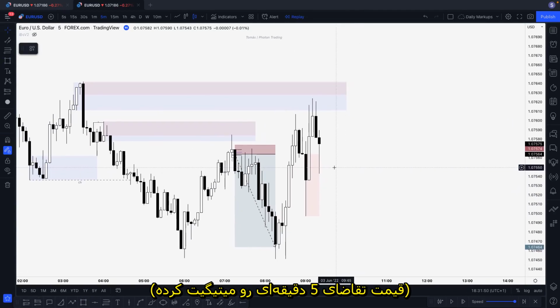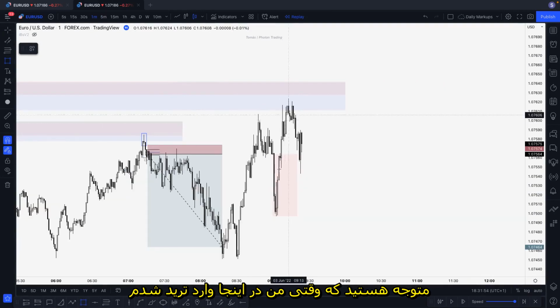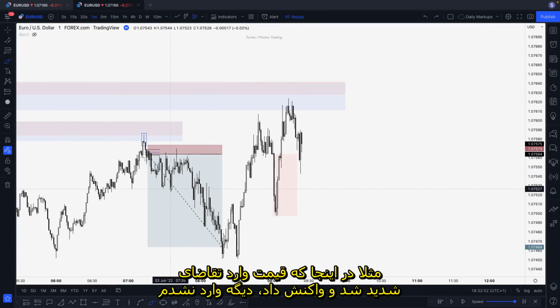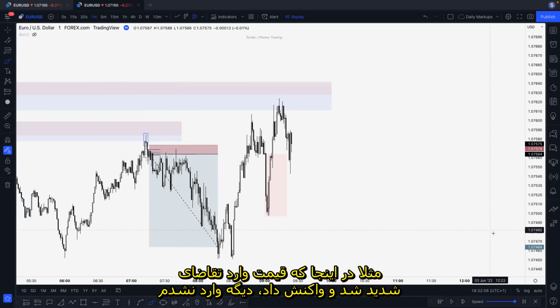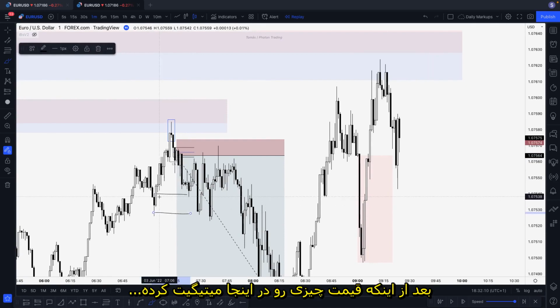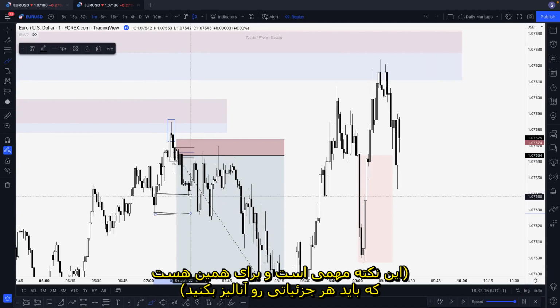You notice that when I get involved here, I get involved here before price reach significant demand. Even though price reached the demand and pushed to the upside, I didn't get involved here after price mitigates something here, because after price mitigates something here, this is important why you should analyze every detail.